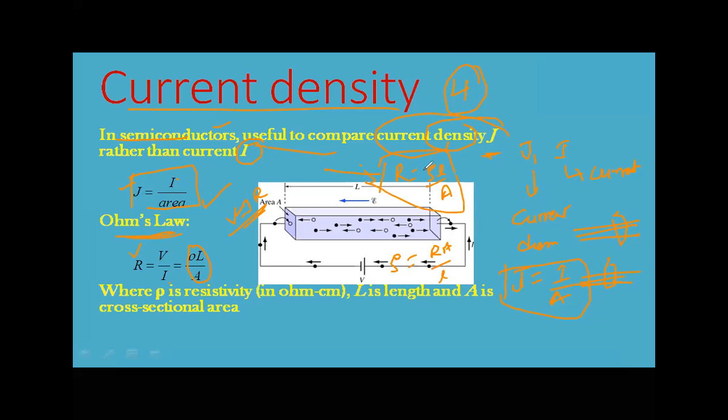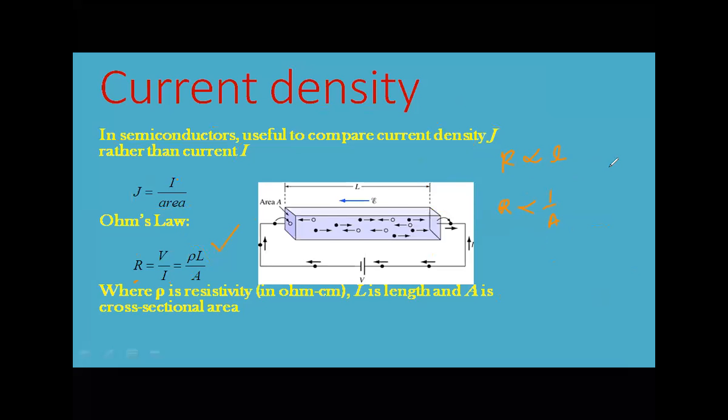So R is equal to V by I, equal to rho L by A. You should remember that resistance is directly proportional to the length and inversely proportional to the cross-sectional area.